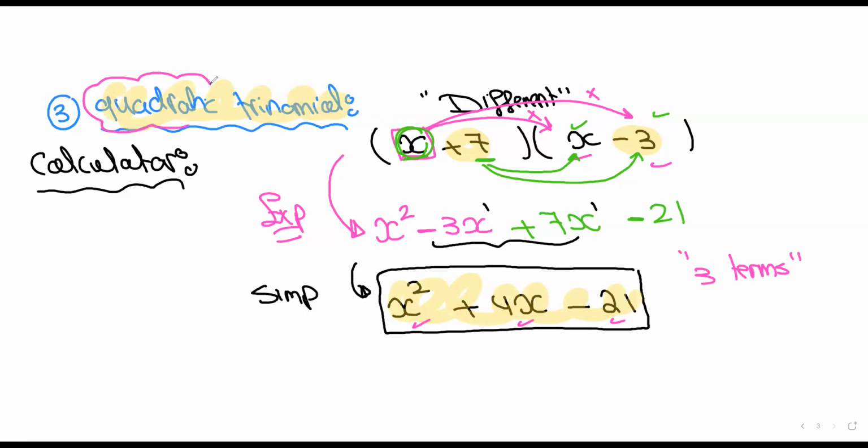Quadratic means that the powers, as you can see, of the letter are power 2, power 1, and here there is no x, or in other words, the x is to the power of 0. A quadratic trinomial is an expression that has 3 terms, and the maximum power is 2, and the powers are descending as follows. So this is a quadratic trinomial.